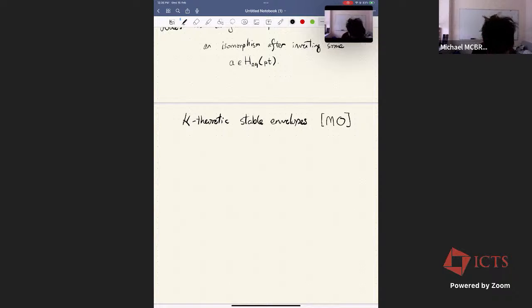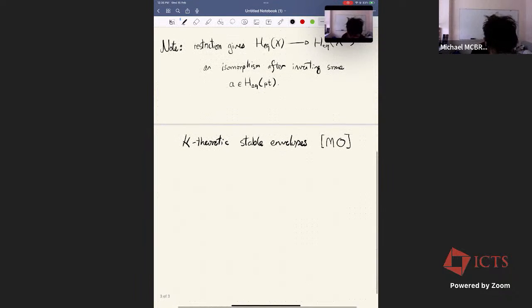So, okay, we need a few preliminary definitions before we can define our map.